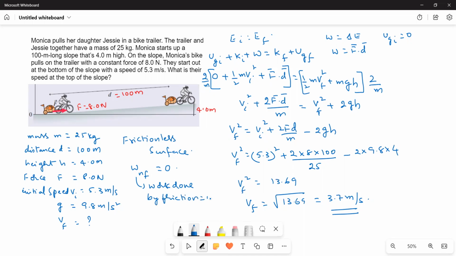Friction is a non-conservative force, and here it is 0. I'm taking the frictionless surface, in the absence of friction, so that the total energy of the system remains constant. Okay, hope this helps. Thank you. Bye-bye.